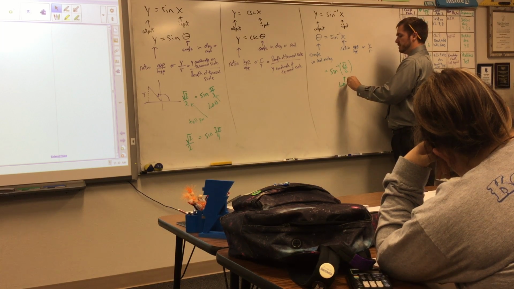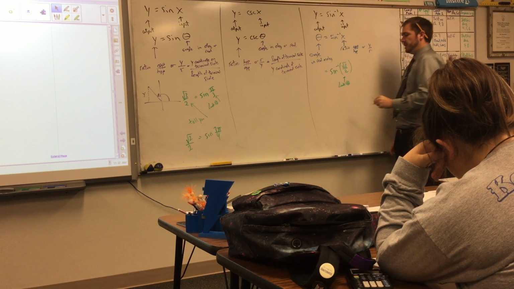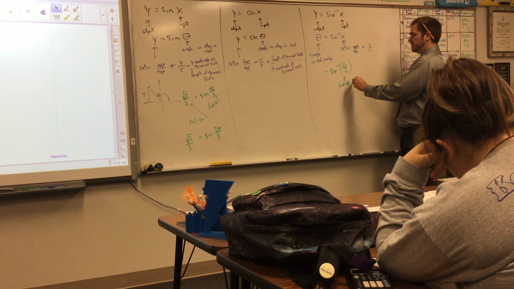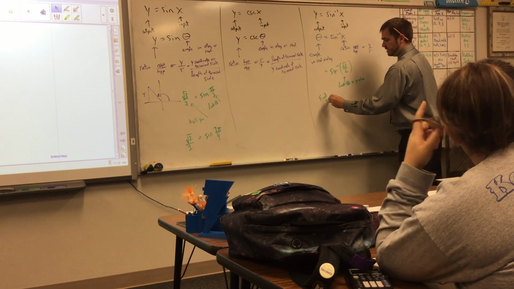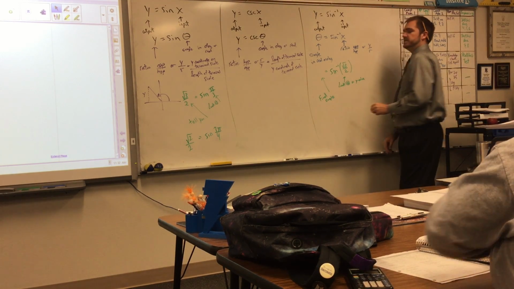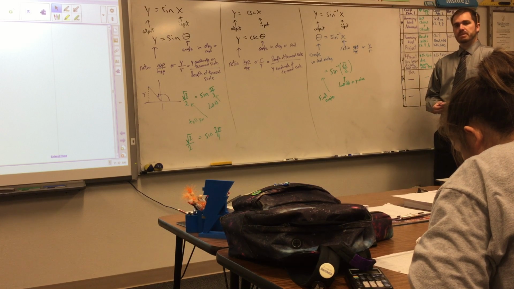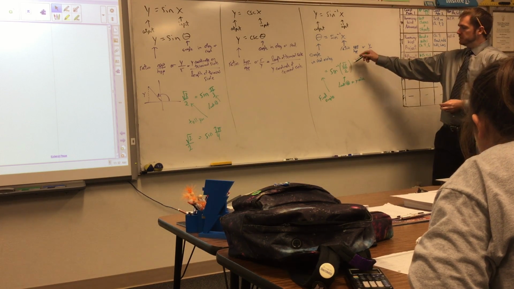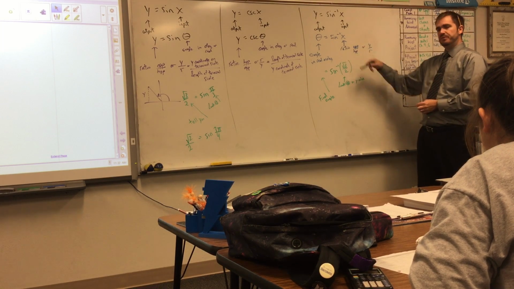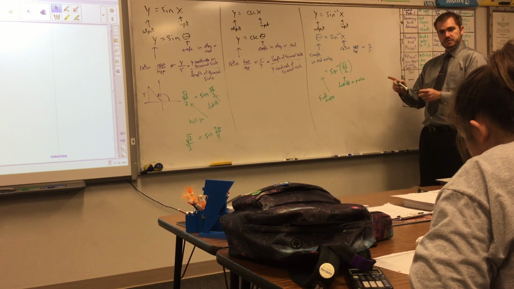so what I'm going to do is look at root 3 over 2 on the y values, and I'm going to find the angle, and that's the answer that's going to be over here. So Nick, look for root 3 over 2 on those y values.